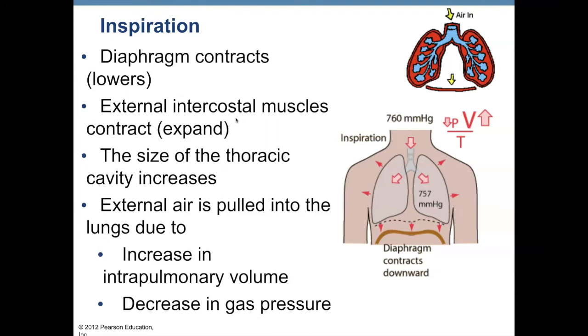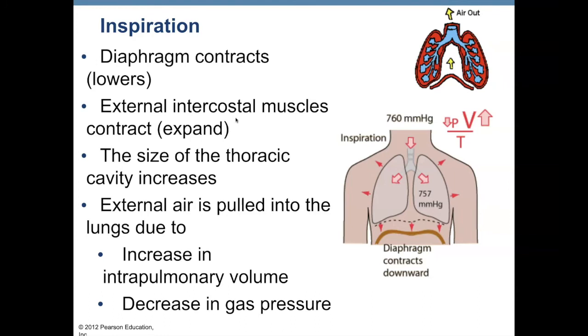Specifically, when we're inhaling, it's the external intercostal muscles that are going to expand the rib cage. So take a deep breath. When you breathe in, your external intercostal muscles are expanding the rib cage and the diaphragm is contracting. In other words, it's getting tighter.